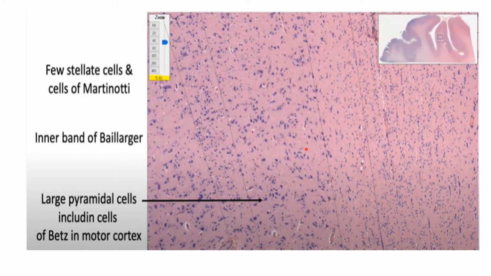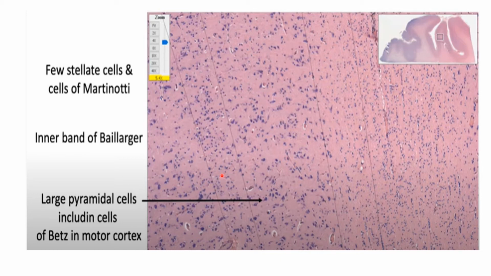Now, what are the components of the ganglionic cell layer? We have a few stellate cells and cells of Martinotti, which also make synapses with the pyramidal cells, and it shows the inner band of Baillarger.